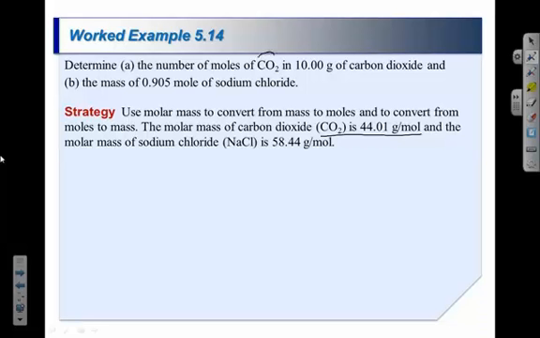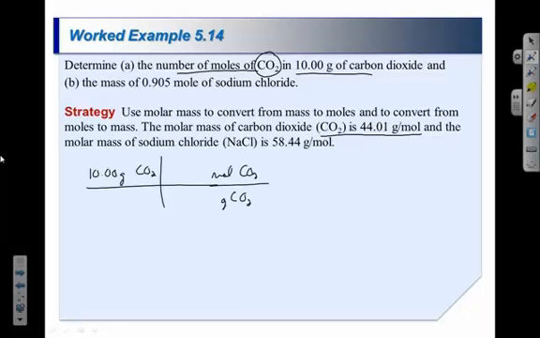So if I'm dealing with CO2, I want to know how many moles of CO2 I have if I have 10 grams of CO2. Well, I would start with the given information, and I want that information converted to moles, so I need the relationship between grams of that and moles of that. The relationship between grams and moles comes from the periodic table, if I know the identity of the substance.